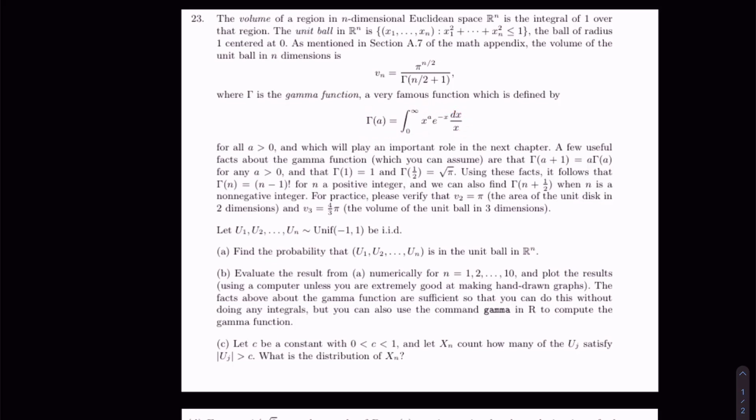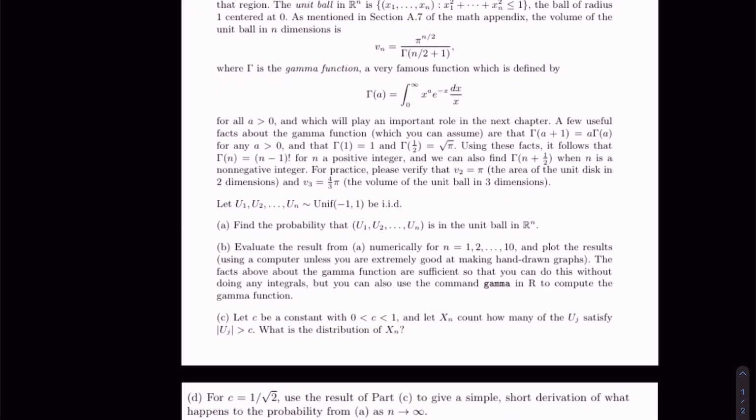And we're given a set of information about the behavior of this function, which gives hints about how to solve A, B, C, and D here. The critical question is that we are asked to find the probability that u1, u2, ..., un, defined as random variables uniform from -1 to 1, is in this unit ball in Rn.